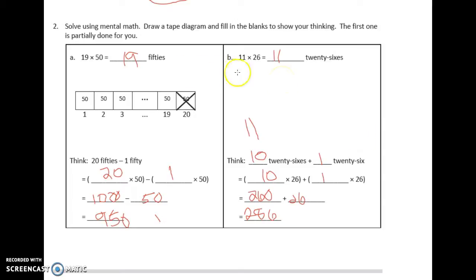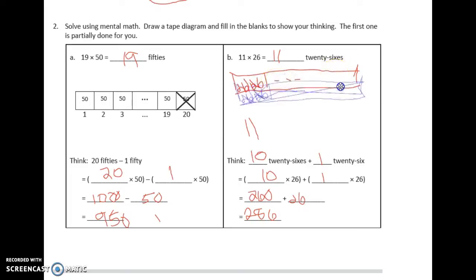Now it's saying let's draw a tape diagram though to show what's going on. So in this case, if we have 11 of them, we can be really messy. That's okay, right? So if each one of these is a 26, here's another 26. Messy, and then we go dot.